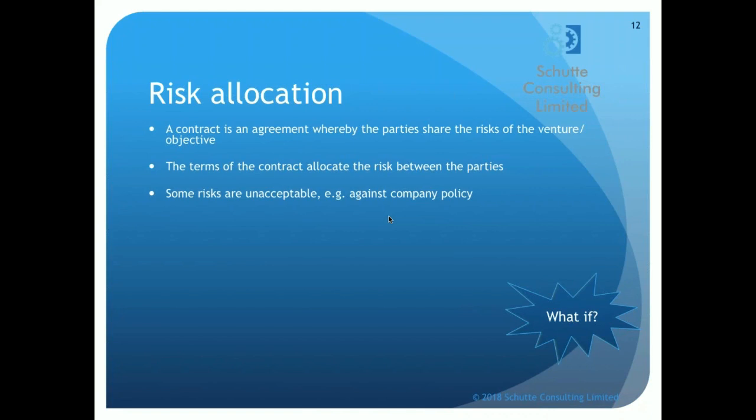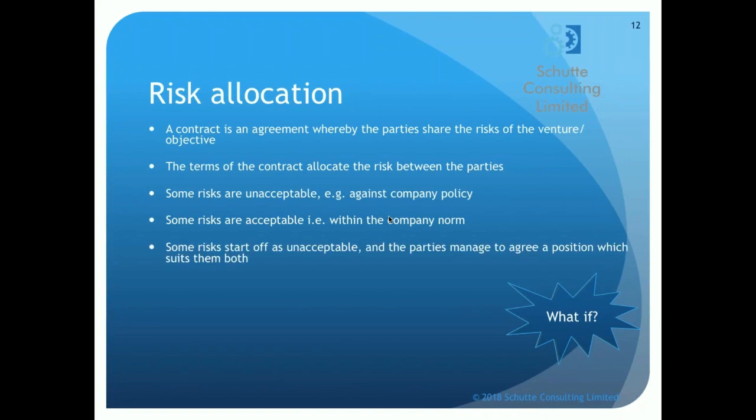As I mentioned before, some risks will be unacceptable to you, for example if they're against company policy. Some risks will be acceptable to you and fall within company norms. And some risks will start off as being unacceptable, and you'll flag them up when you review the proposed contract.